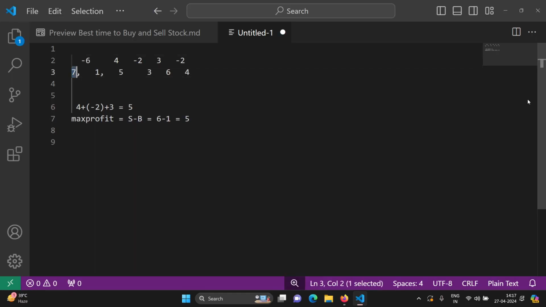Initially 7, and we have traversed to 7 and 1 as well. We get a sum difference as minus 6. So when I'm at 1, my initial value of the max is going to be minus 6, which is not right because if I keep adding to everything else, I'm going to be negative.